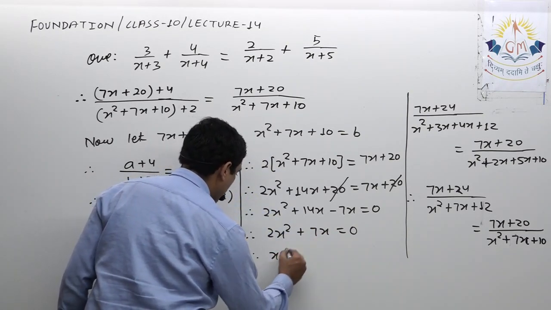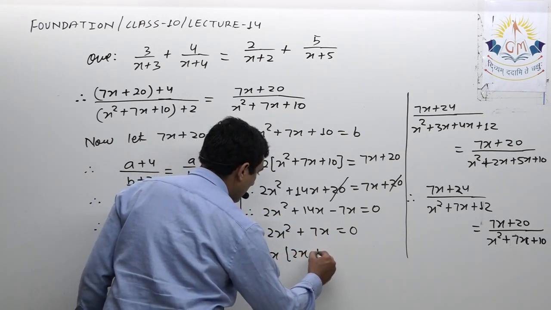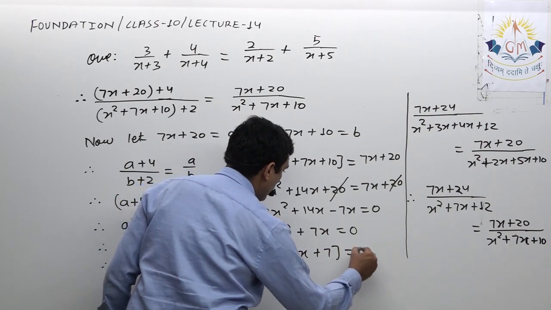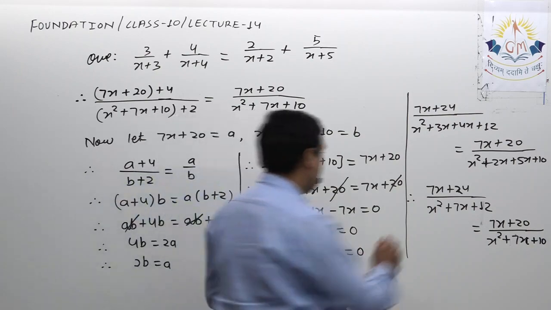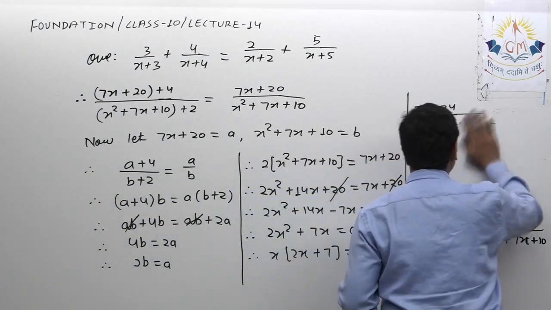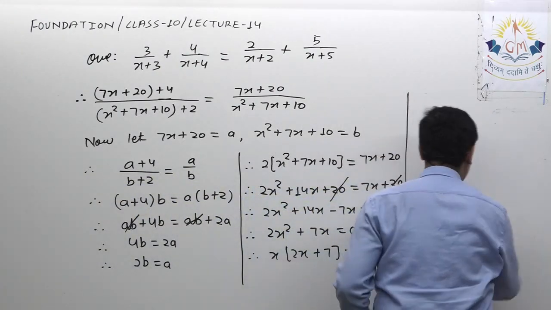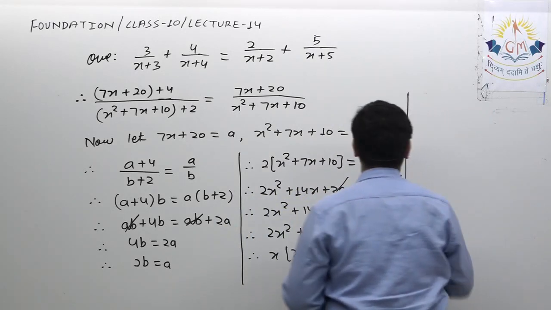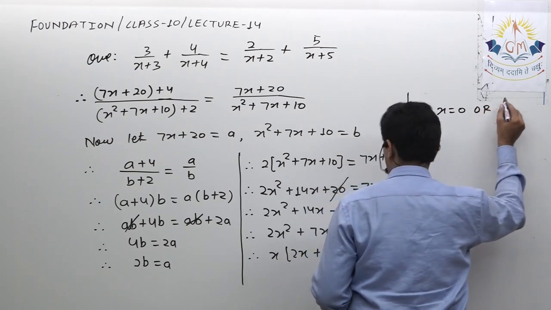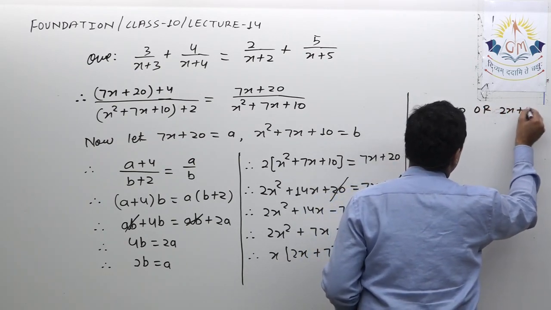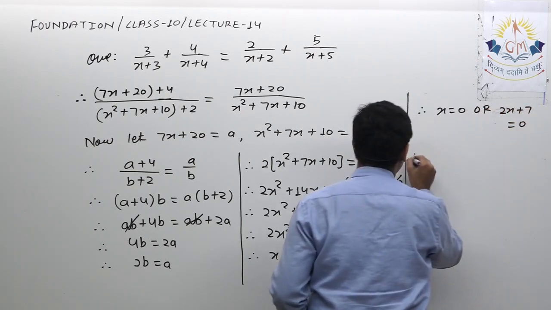Now I can take x common, so x times (2x plus 7) is equal to 0. So here I'll get two values: x equal to 0 or 2x plus 7 is equal to 0.